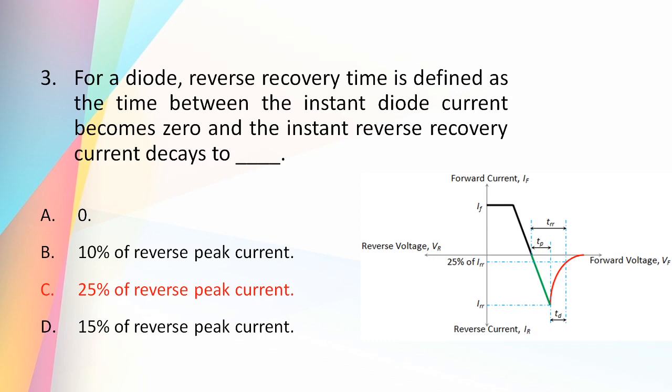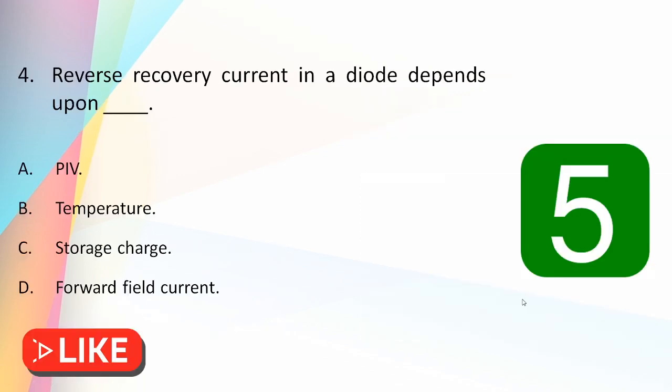So the reverse recovery time is defined as the time between the instant the forward diode current becomes 0 and the instant reverse recovery current decays to 25% of its reverse peak value. Okay, that you can see from the diagram.